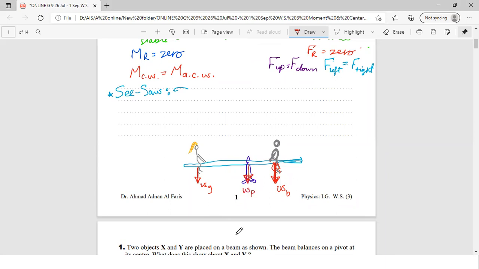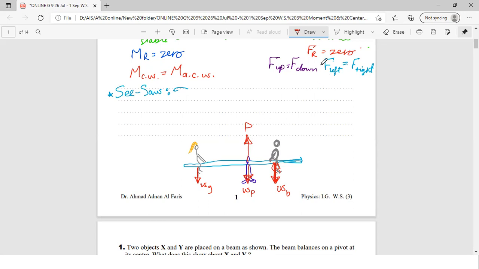These are the forces downwards. Do we have forces upwards? Yes. The support from the pivot acts upwards to hold everything, to hold the plank, the person, the girl. This is called P, the force from the pivot, and that acts upwards.